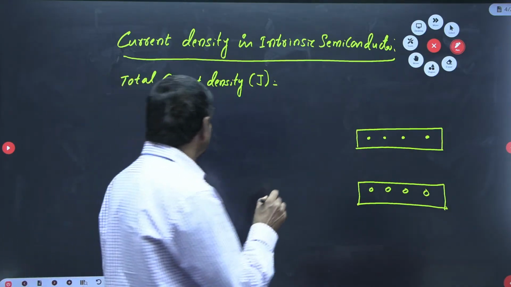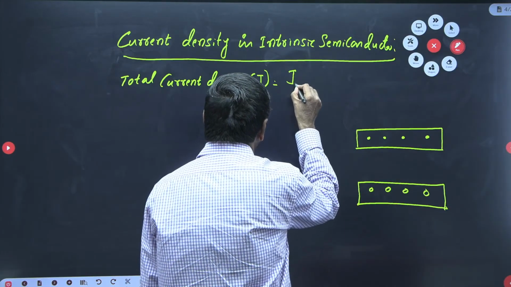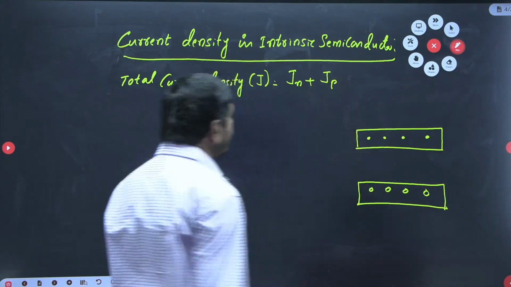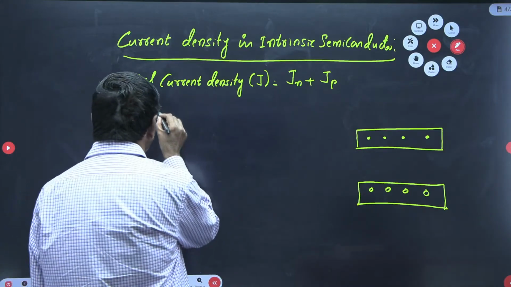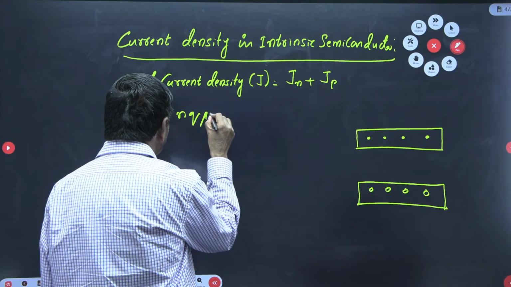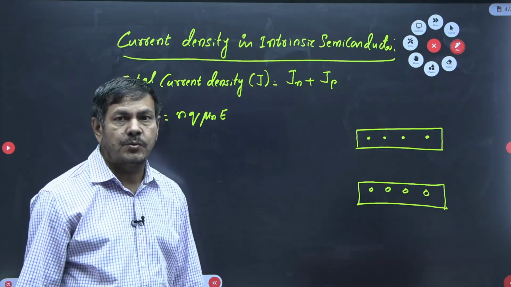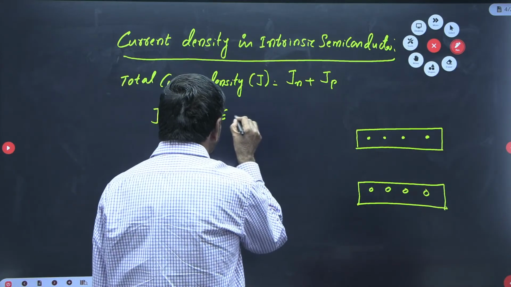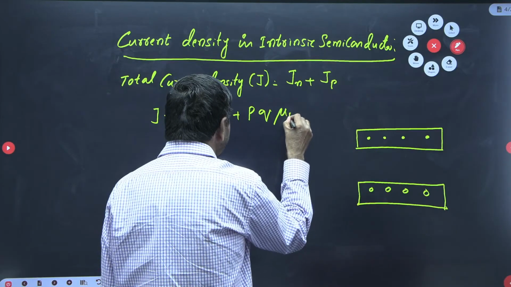But in semiconductors, you find current density due to electrons, Jn, plus current density due to holes. Current density due to electrons, I gave you already: N into Q into mu n into E. Current density due to holes, I can put as P into Q into mu P into E.